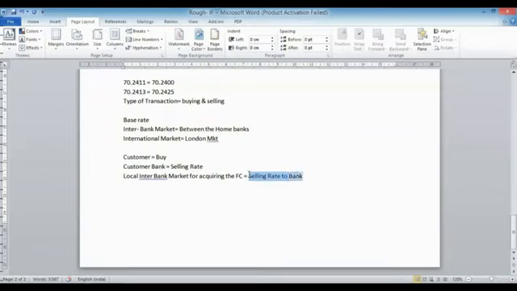So the selling rate of the interbank market will be applicable, and this selling rate will become the base rate.